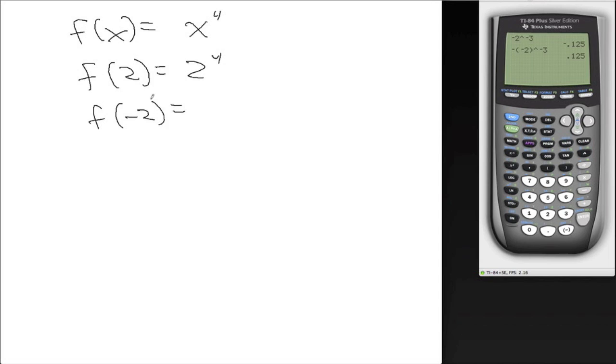So how would you do this on your calculator? Negative 2 raised to 4. Actually, that doesn't work. We have to put that in parentheses. So the point is that I should have written it out first. This is something we should write down on paper first before we start trying it.